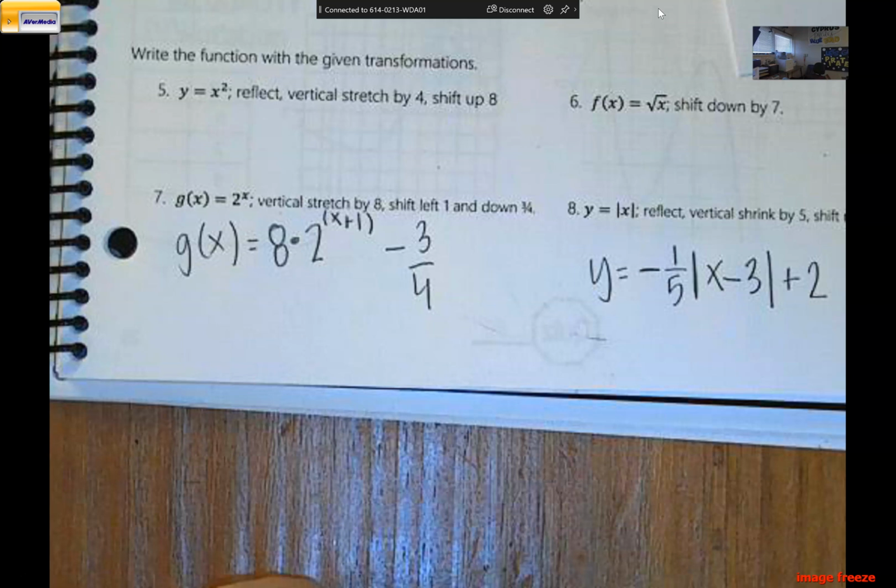Okay, we're going to go one more minute. Write something down. Don't leave it blank. At the very least, write the vertex form.